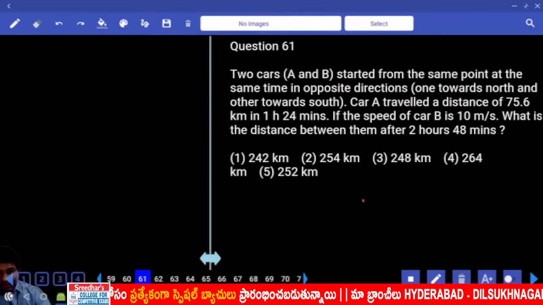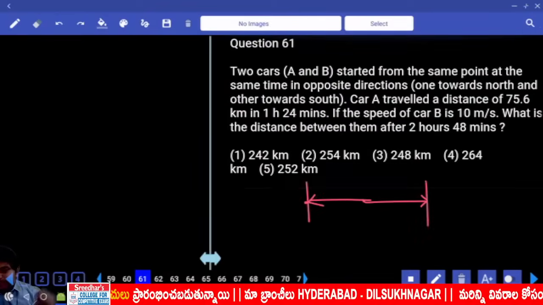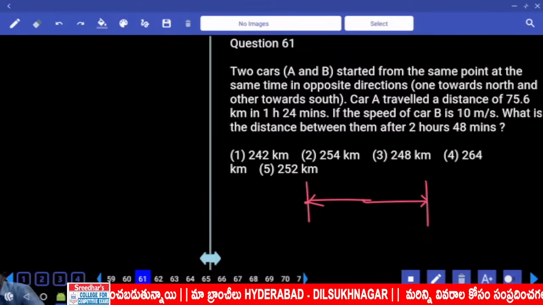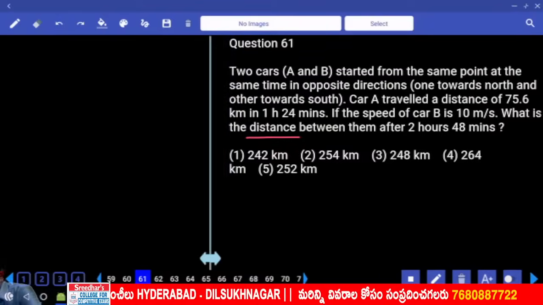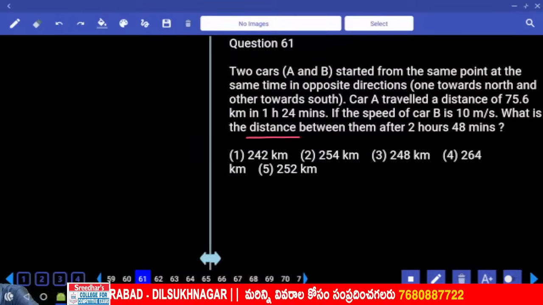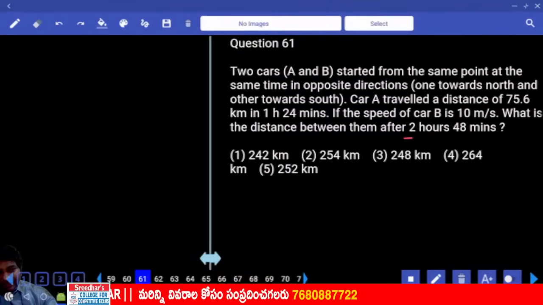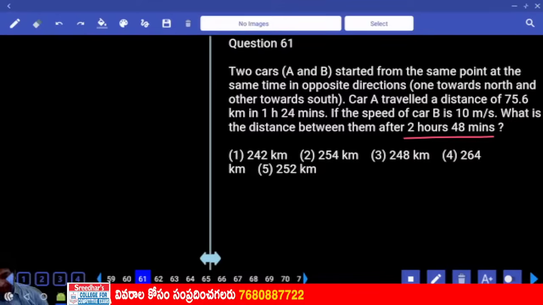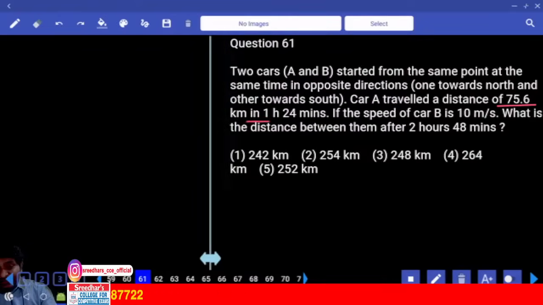When they are moving in opposite directions, relative speed becomes S1 plus S2. Now finally we need to calculate the distance between them after some time. First car, what is the total time given? 2 hours 48 minutes. Car A covered 75.6 kilometers in 1 hour 24 minutes.